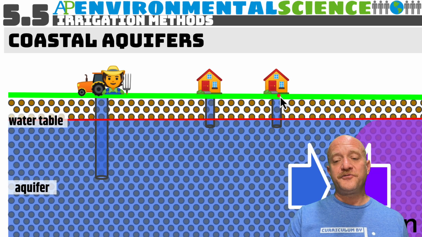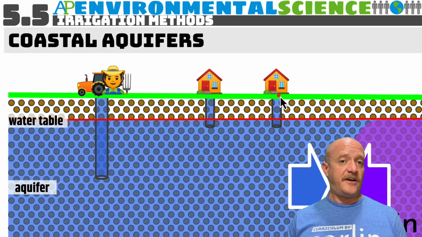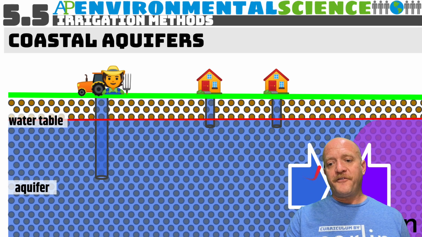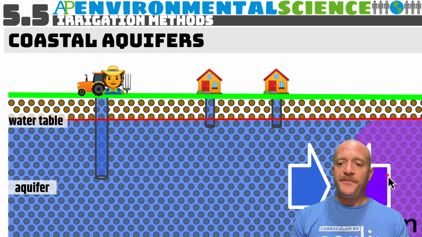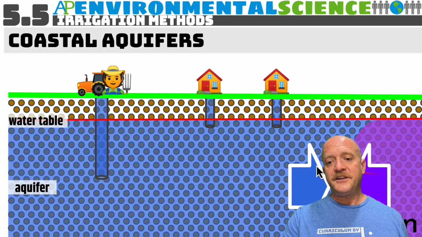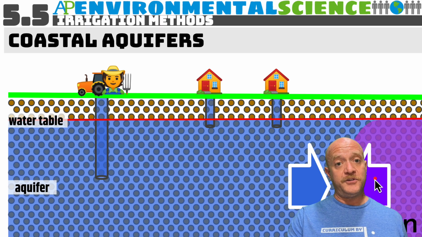Saltwater intrusion occurs in coastal aquifers, where you have the fresh water from the aquifers and you have the salty water coming from an estuary or from the ocean. Basically, their pressures are equalized. So in this example, the pressure coming from the fresh water is equalized by the pressure pushing in from the ocean.